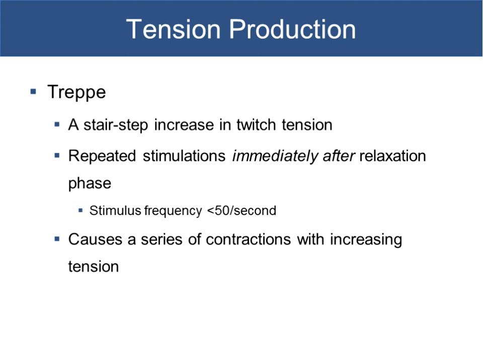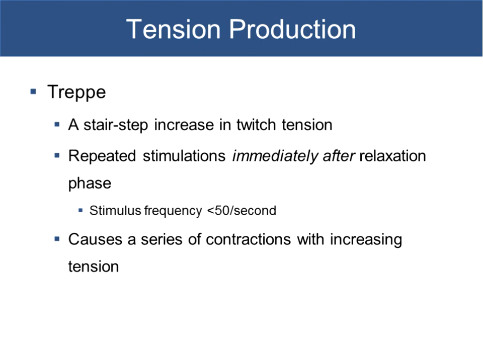Now, there's a lot we can do with our understanding of muscle tension. One thing to understand is how we can have a stepwise increase in tension. If a stimulation takes place, and then another stimulation takes place immediately following relaxation, the muscle cell rises up and says, I need to build more tension.